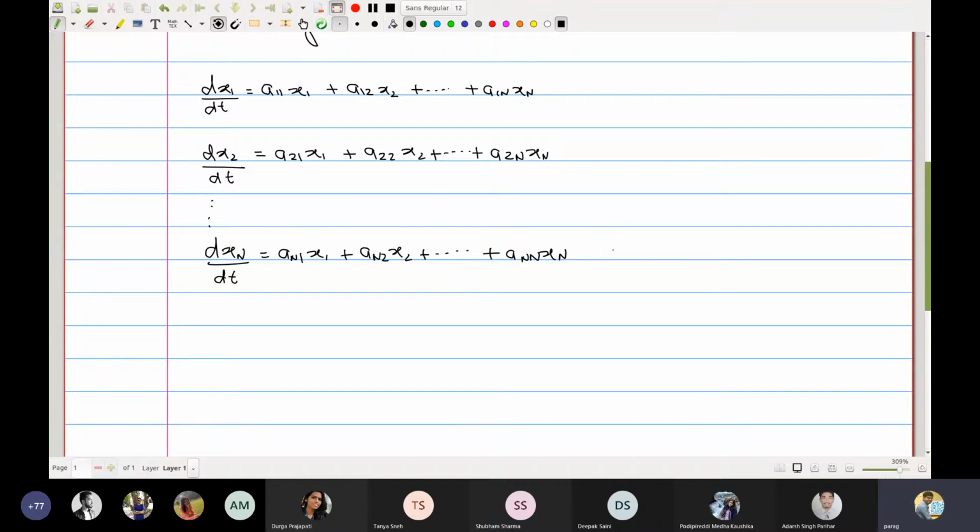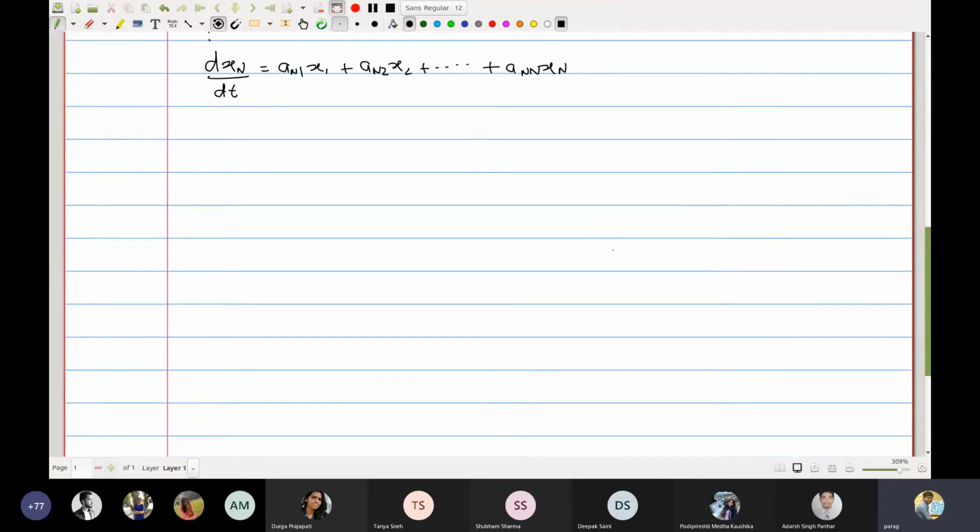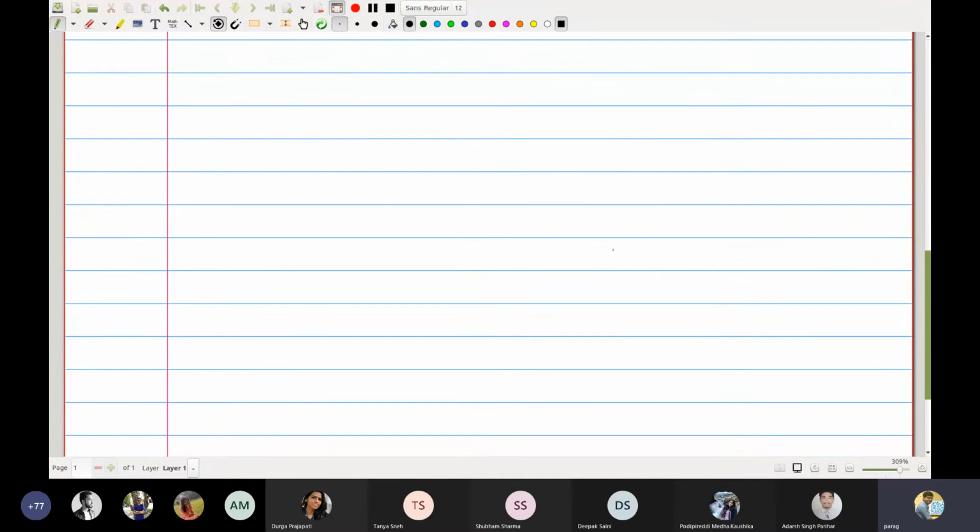And this set of equations can be written alternatively as a matrix equation. So we'll write the dynamical equation as a matrix equation. And how would it look?